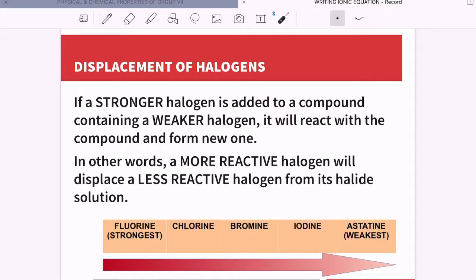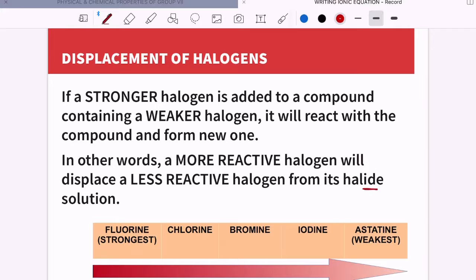So what did I mean by a halide solution? The word "ide" means the ion form of halogen. You know halogens, they are present as F2, Cl2, Br2, I2, At2.